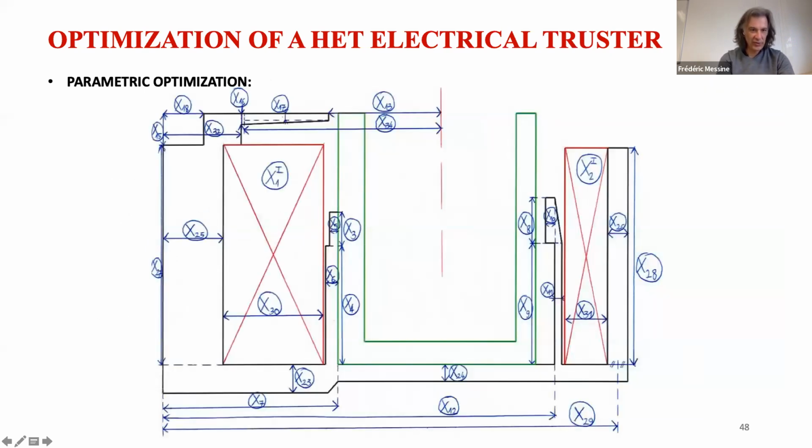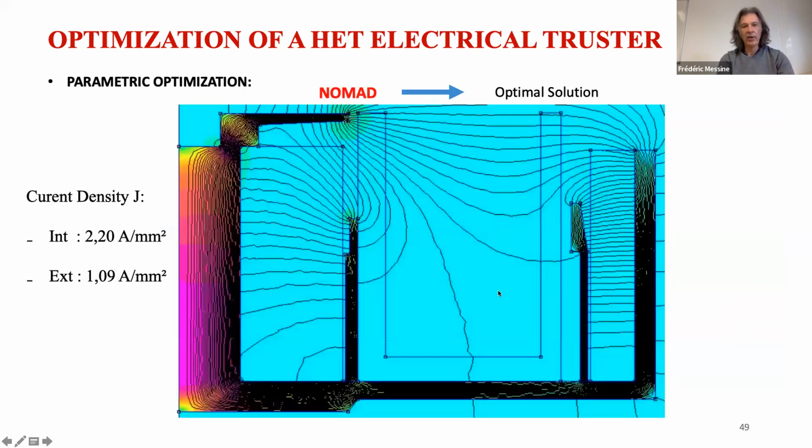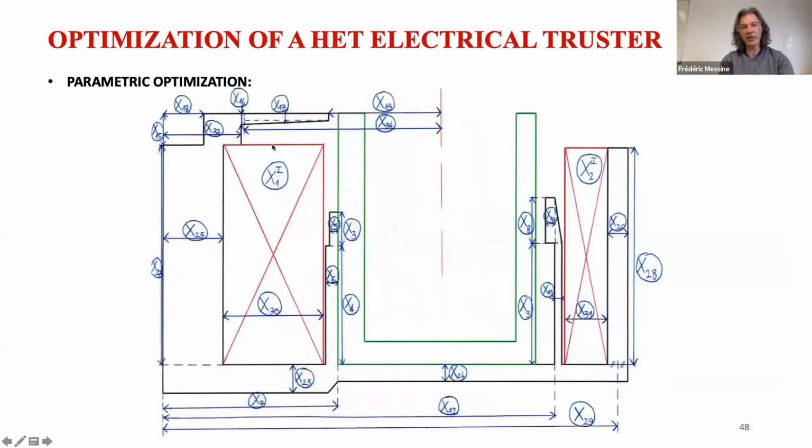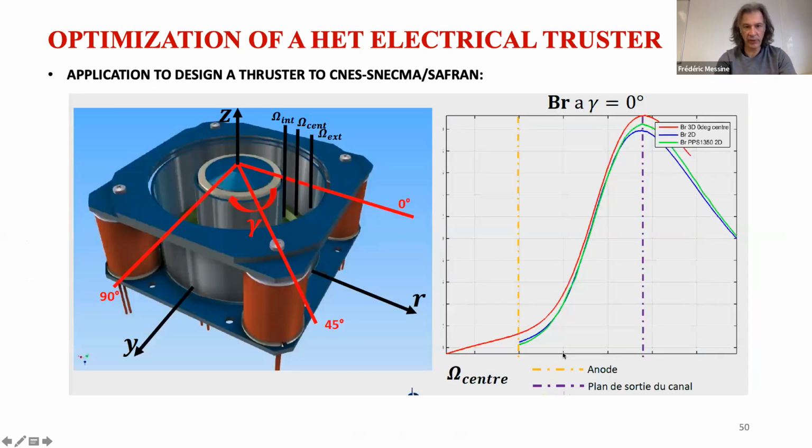We can also do parametric optimization. Here you can define plenty of parameters like this, and you can find the best solution. But the first idea to find this structure, all the structure was done by using a topology optimization software first.